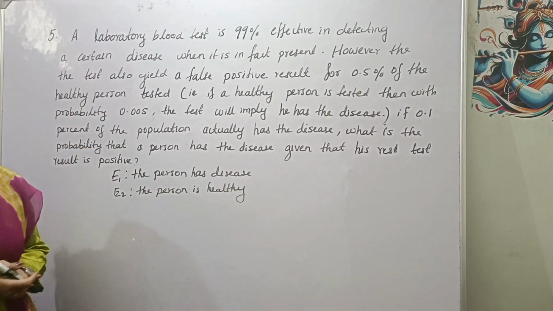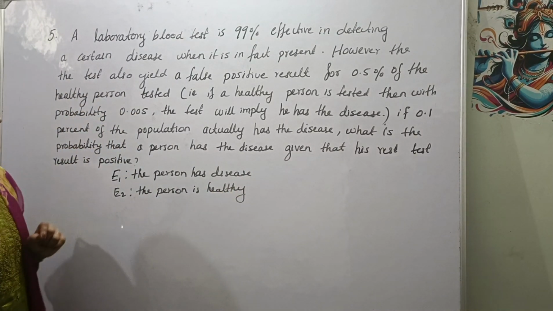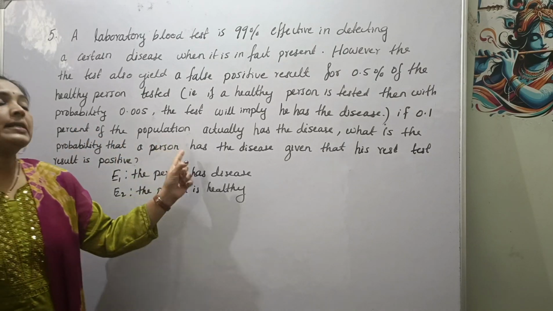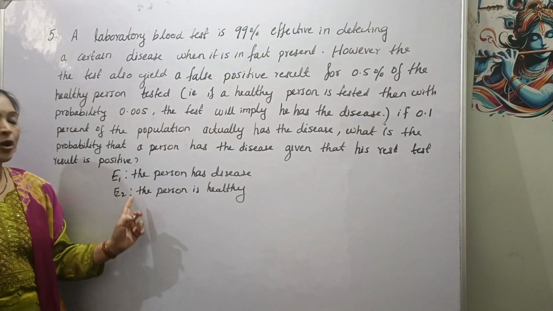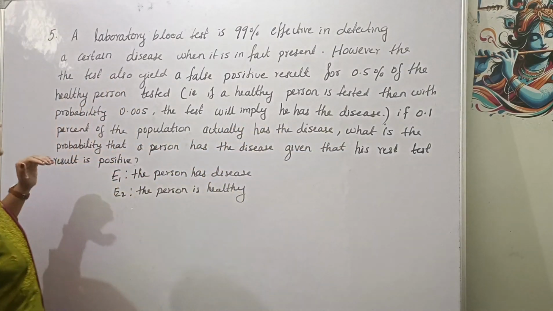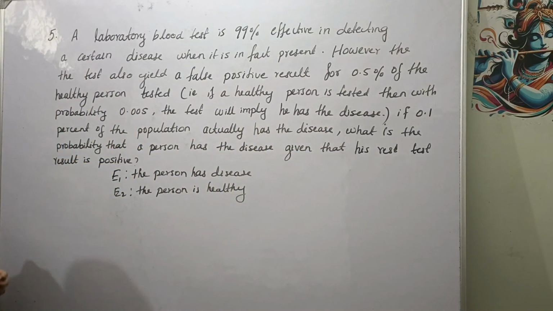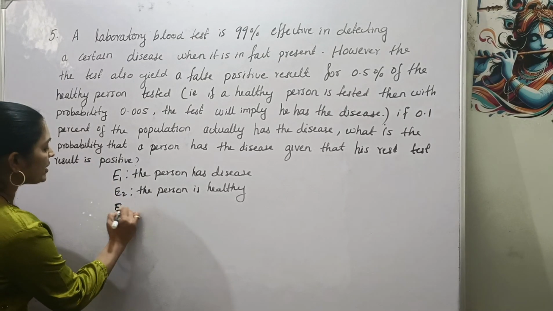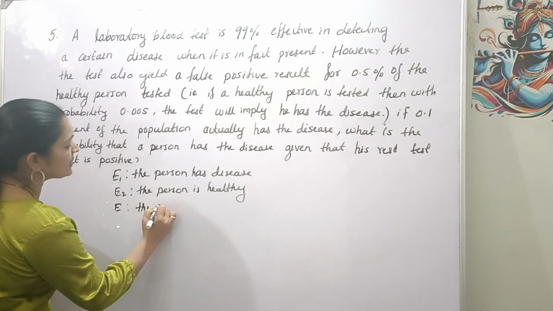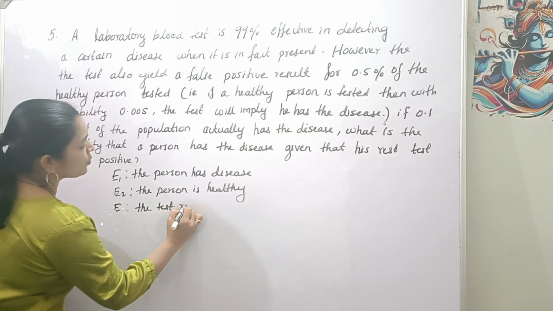What we have to find is the probability that a person has the disease given that his test result is positive, that is, the probability of E1 given that the test result is positive. So let E be the event that the test result is positive.